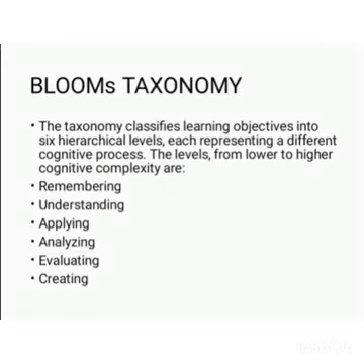Let's take the first one, Bloom's taxonomy. Bloom's taxonomy is a framework that categorizes educational objectives and describes different levels of cognitive complexity and learning outcomes. It classifies learning objectives into 6 hierarchical levels, each representing a different cognitive process. The levels from lower to higher cognitive complexity are as follows.